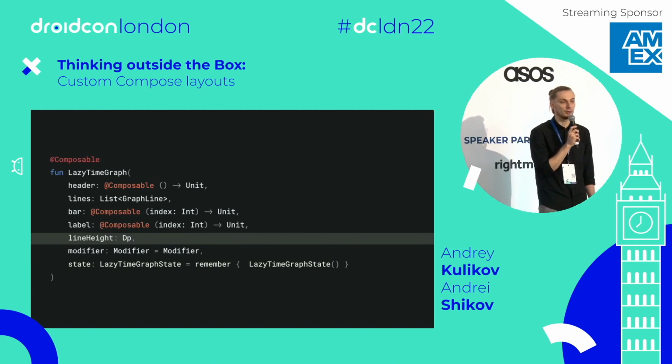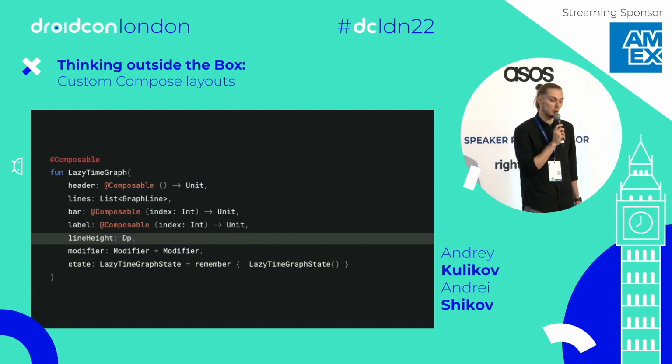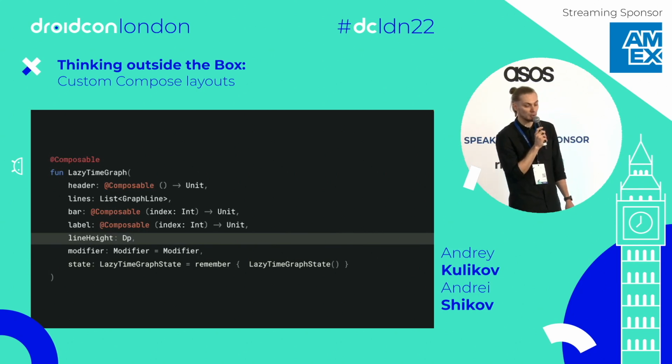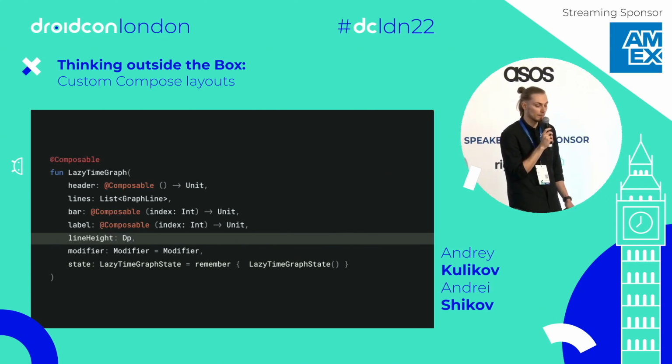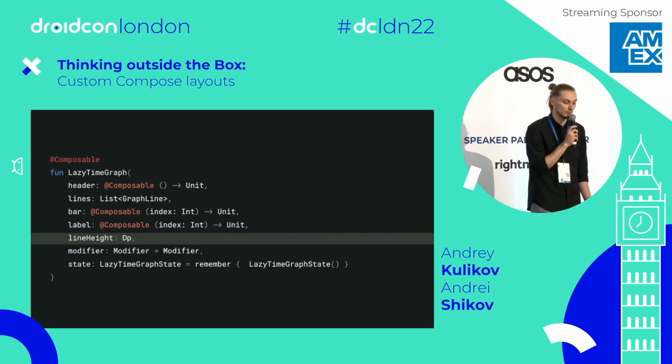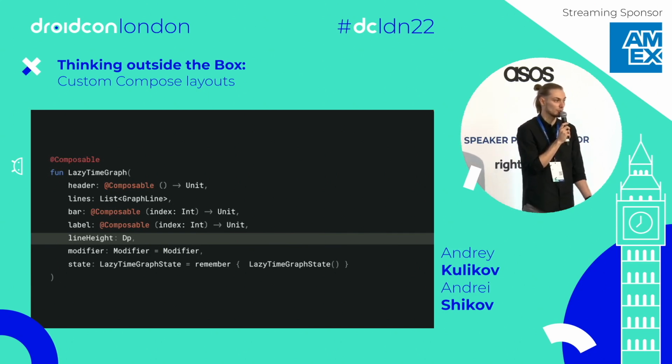What we are doing here is that, for the simplicity of this example, we are making sure that all the items have the same fixed size for the line. And why does it help us? Because it helps us to treat the scroll offset as absolute offset in pixels, not how it works in lazy column, for example, where we have first visible item and relative offset.